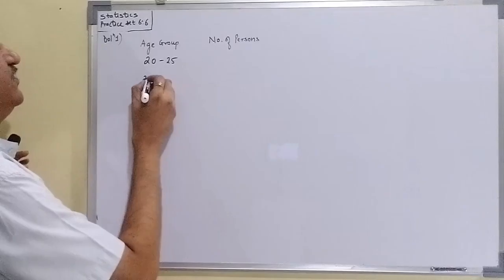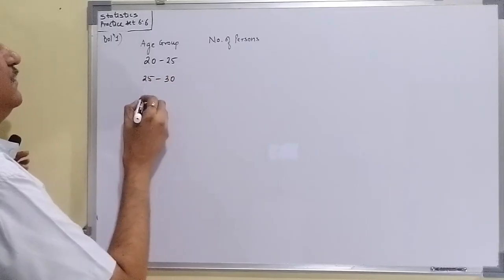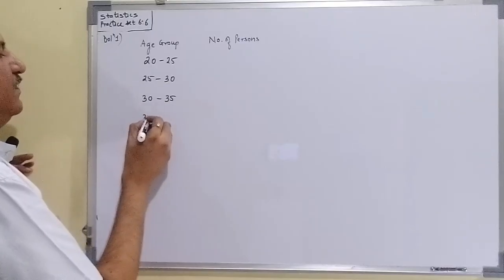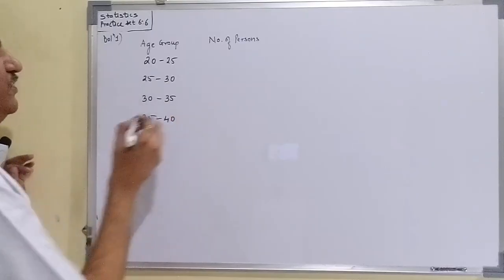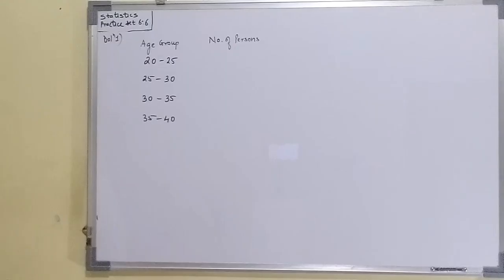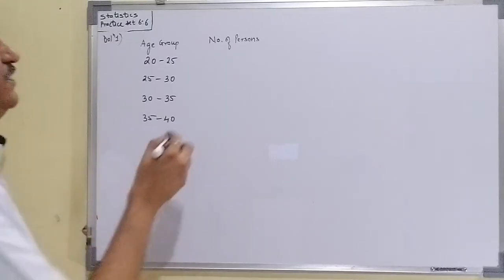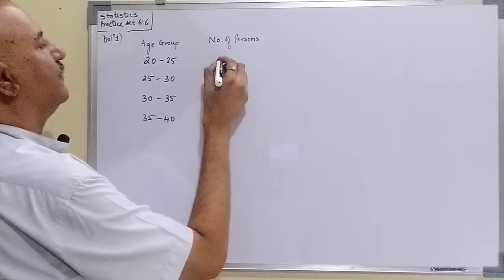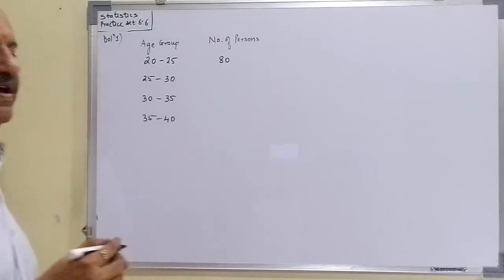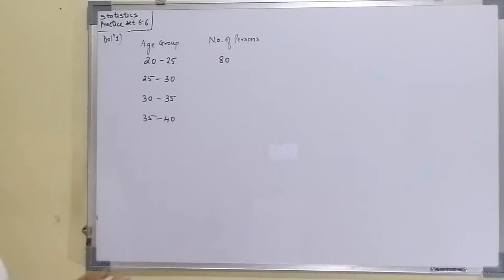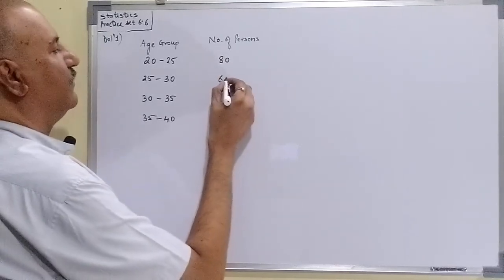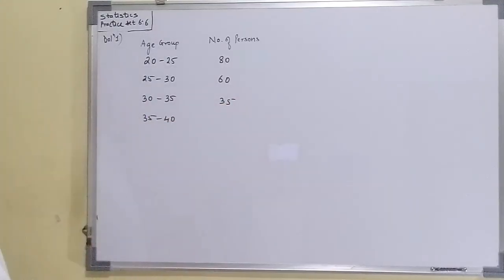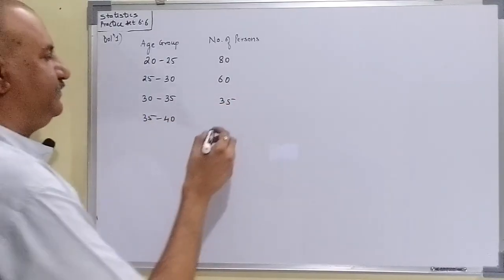Then 25-30, 30-35, 35-40. This is the age group they have given to you. Frequency is 80, then we have got 60 and 35, and between 35 and 40 we have 25.